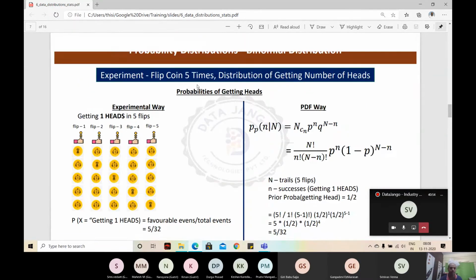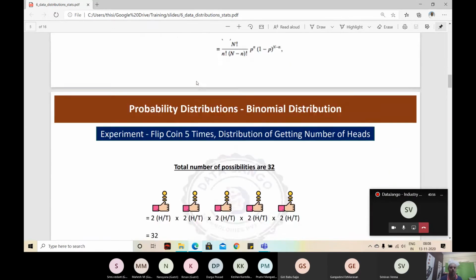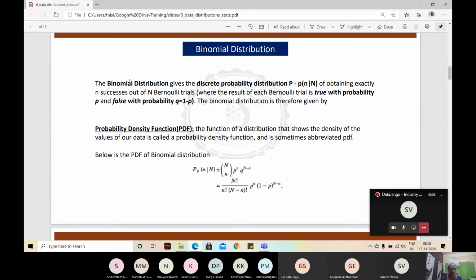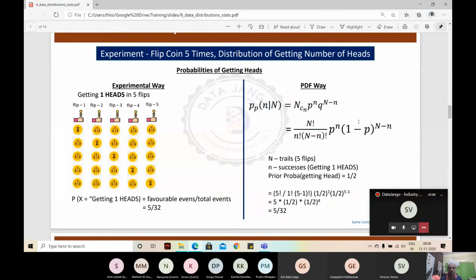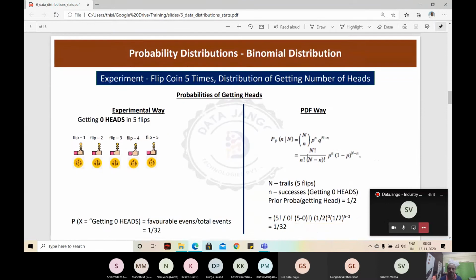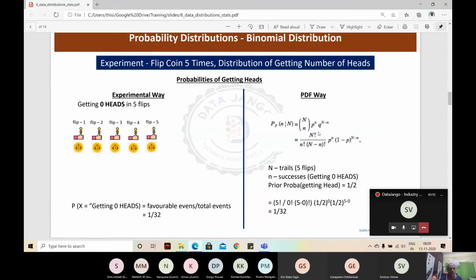Whoever found the binomial distribution, Bernoulli I think, did multiple experiments and came up with a formula that can calculate this total probability. The formula is nCr, p to the power of r, q to the power of n minus r.